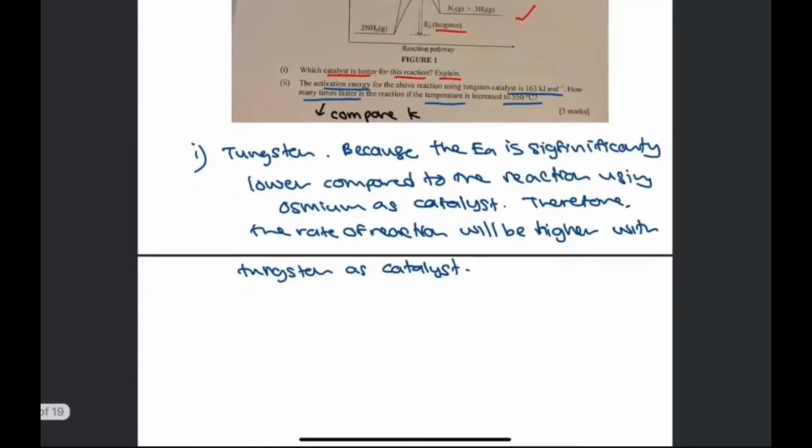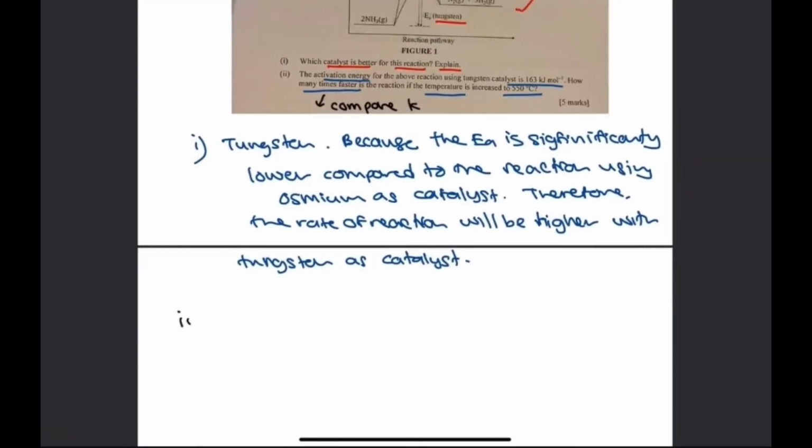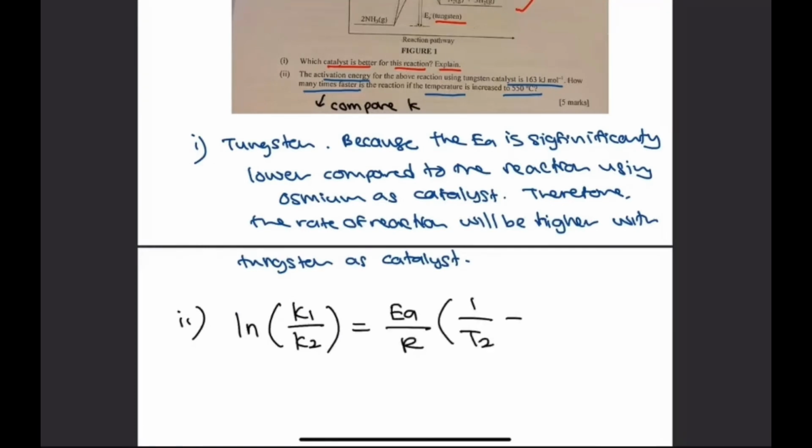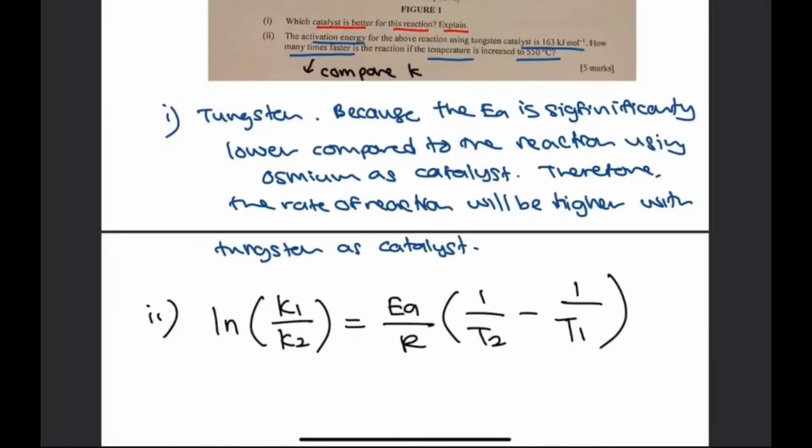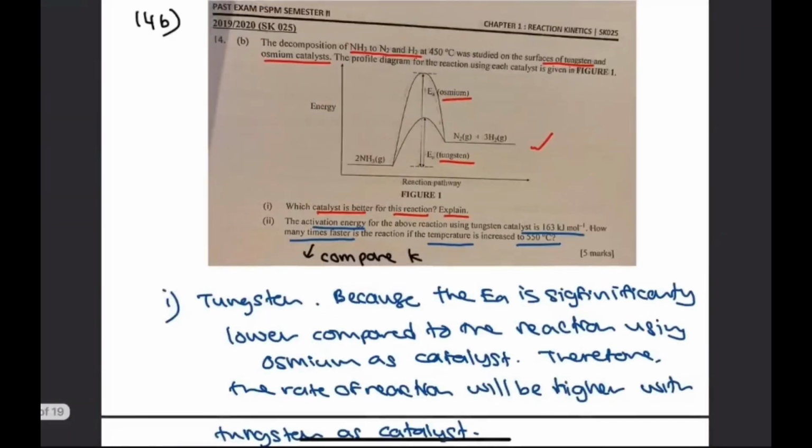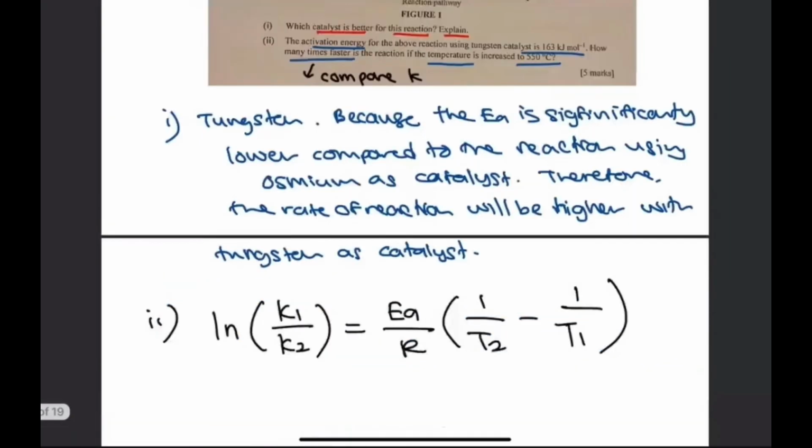Actually, we can do this together by using ln k1 over k2 equals Ea over R times 1 over T2 minus 1 over T1. From here, we will get the ratio of k1 over k2. So let's substitute in the corresponding values. Now, what is the rate constant for the first one and the second one? We don't know. Never mind.